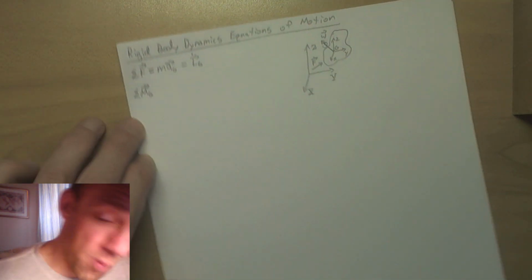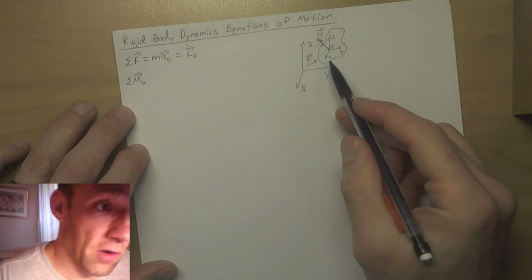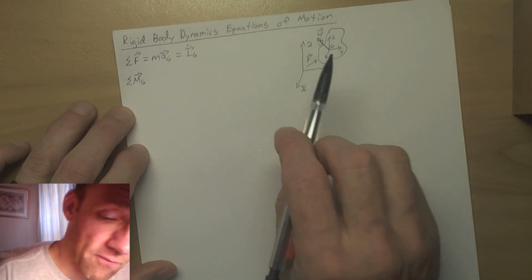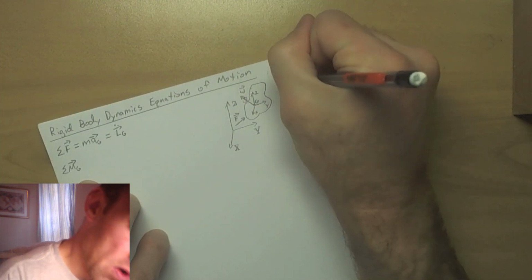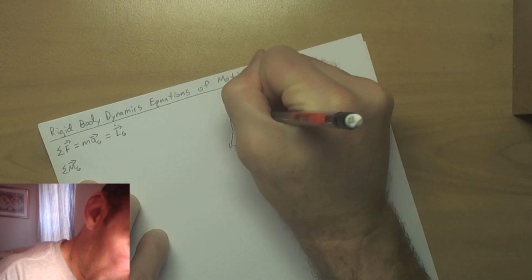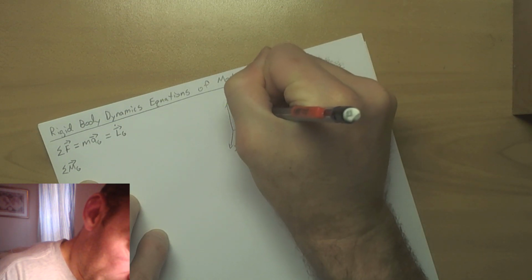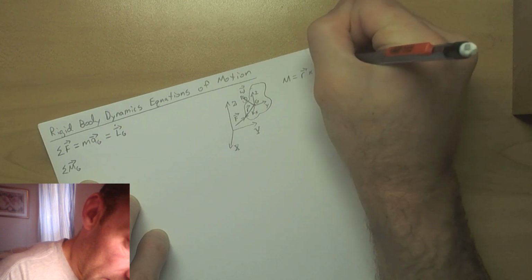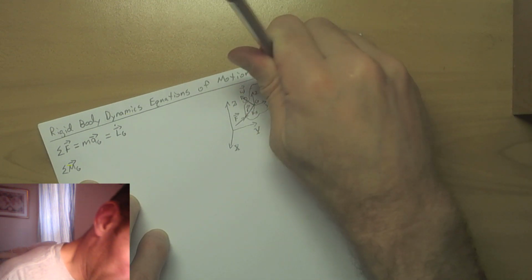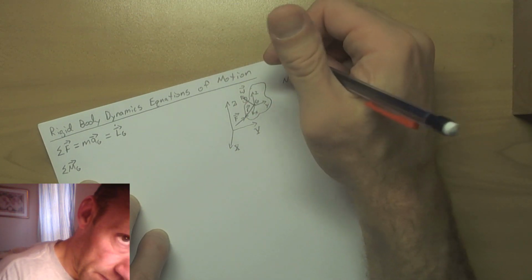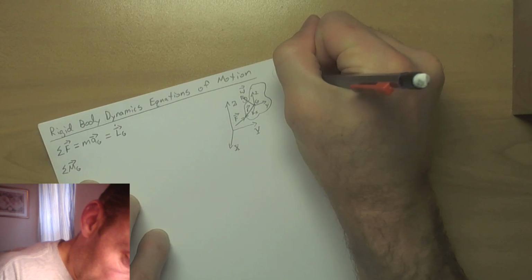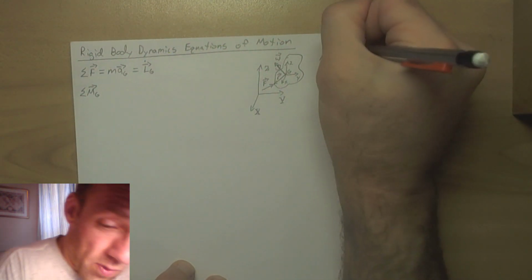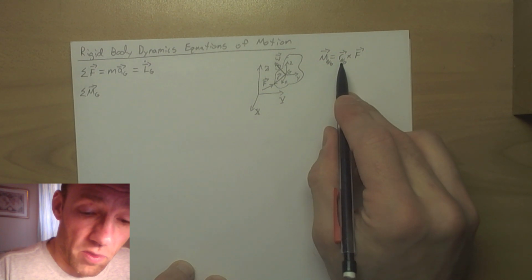So moments about G. This arbitrary body here is acted on with a force. Remember, the moment is the cross product of the position vector and the force.